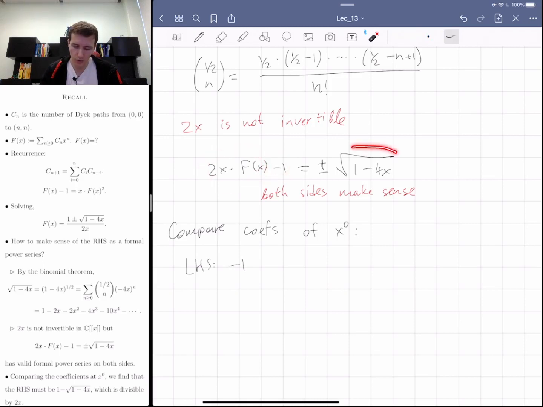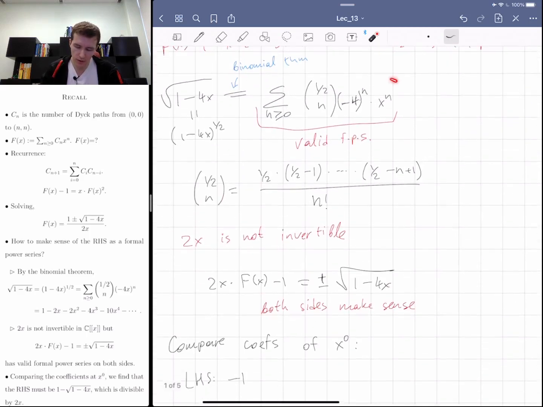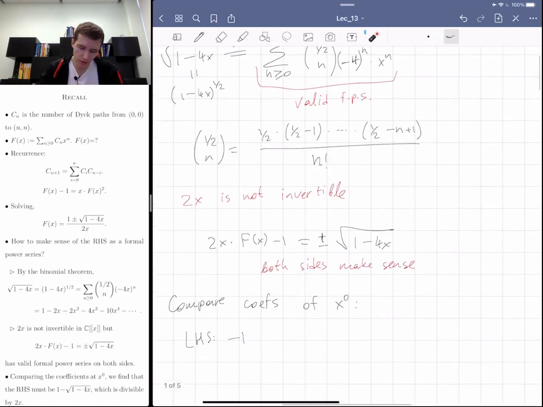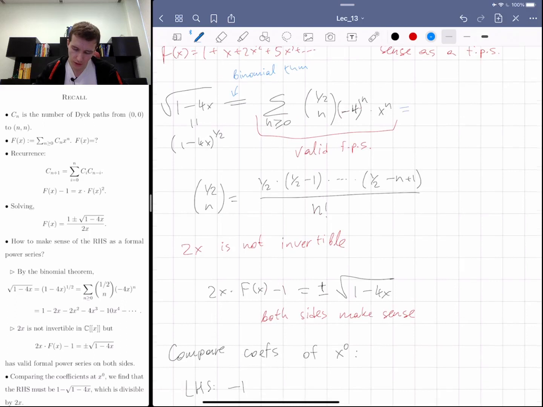And for the square root of 1 minus 4x, if you look at the expansion, let's see what happens for n equals 0. It should be 1. Let me try to write this down. For n equals 0, I have 1/2 choose 0.